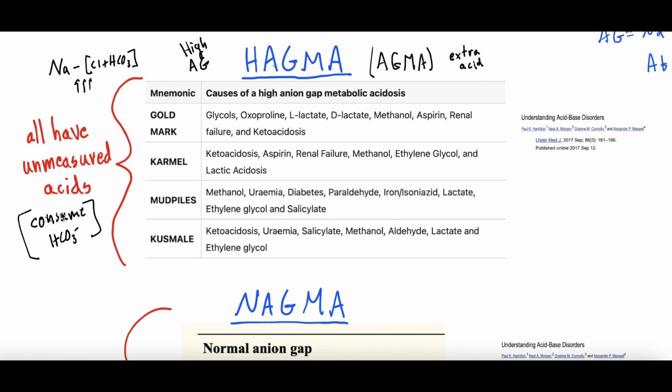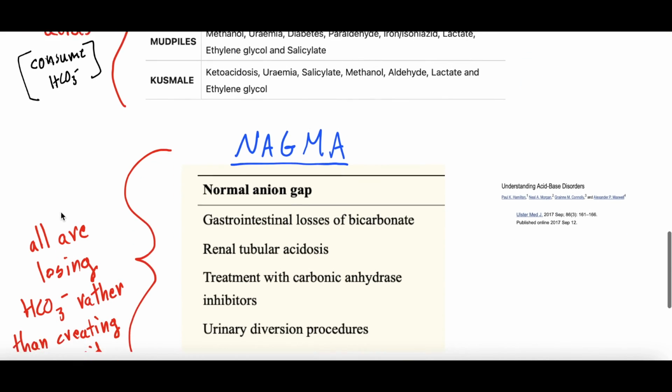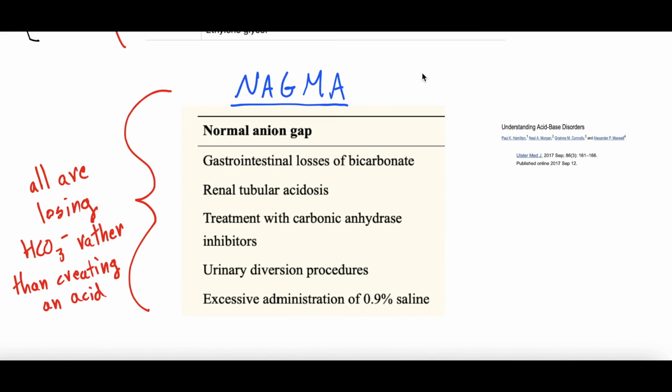All right? Whereas a non-anion gap, a NAGMA, as we talked about, you are just losing bicarb. You're not creating an extra acid. This is like GI losses of bicarbonate. You know, if you have a lot of GI losses.